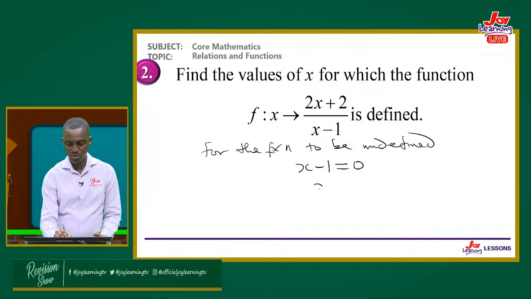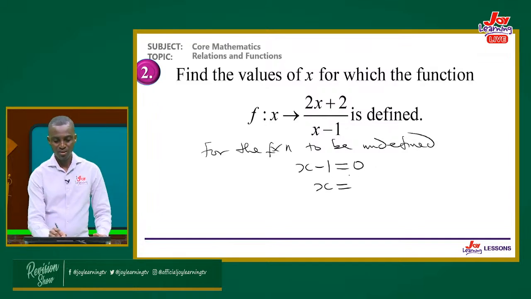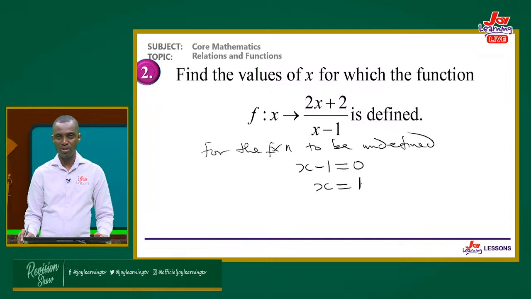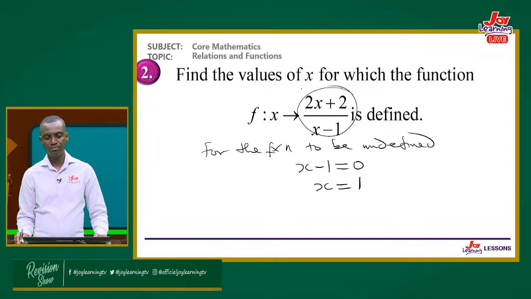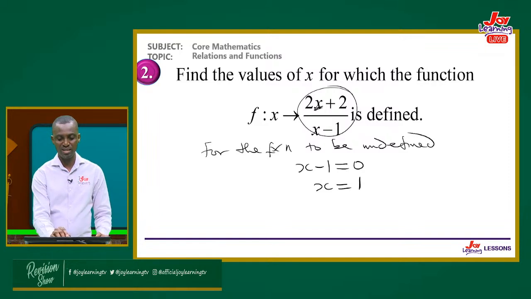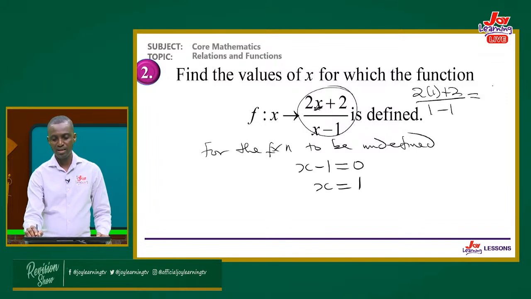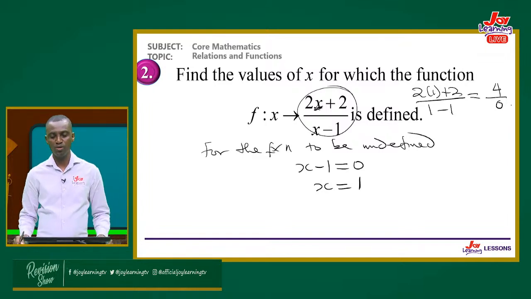So if it is 0, then what is our x? When you simplify this, you get x to be 1. That means the moment I put 1 into this function, I'll get undefined. And it's true, because when I put 1 here, I'll get 2 times 1 plus 2 over 1 minus 1. Answer, I will get 4 divided by 0. And the answer will be undefined.